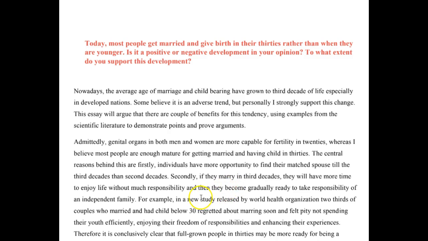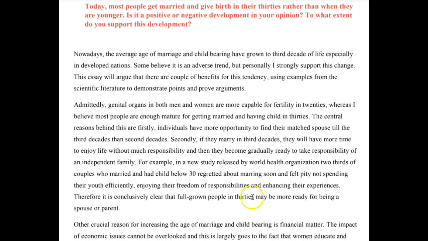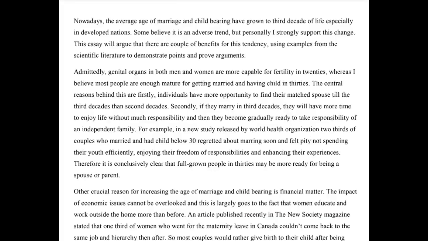For example, in a new study released by the World Health Organization, 2/3 of couples who married and had a child below 30 regretted marrying early and felt pity for not spending their youth efficiently, enjoying their freedom of responsibilities, and enhancing their experiences. Therefore, it is conclusively clear that full-grown people in their 30s may be more ready for being a spouse or parent.